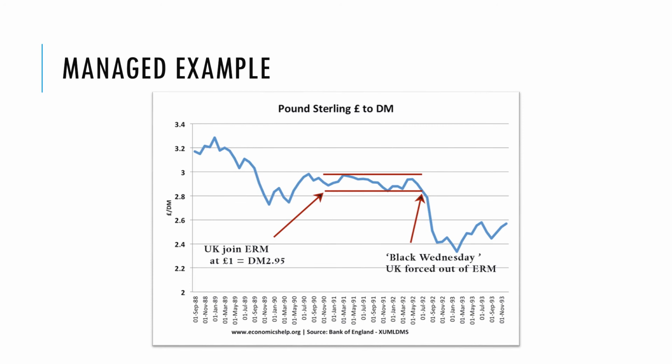In the early 1990s, the pound was managed to be at a certain rate against the then German Deutschmark, and we can see on this diagram the boundaries over that time period in which the exchange rate was managed up until July 1992, when the UK abandoned this policy, and you can see the exchange rate fell as it moved back to a floating exchange rate.